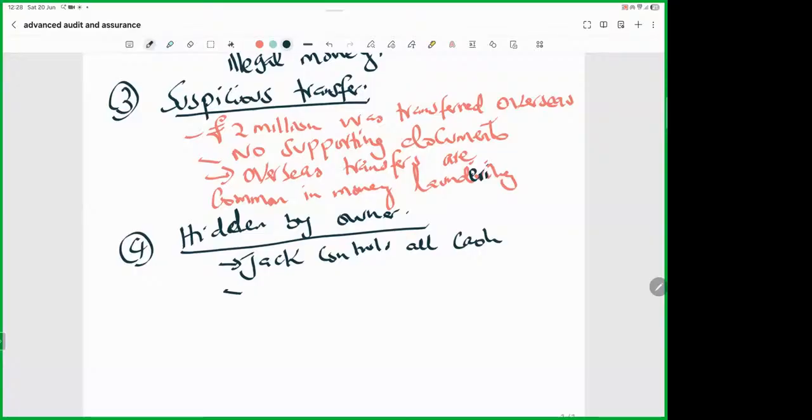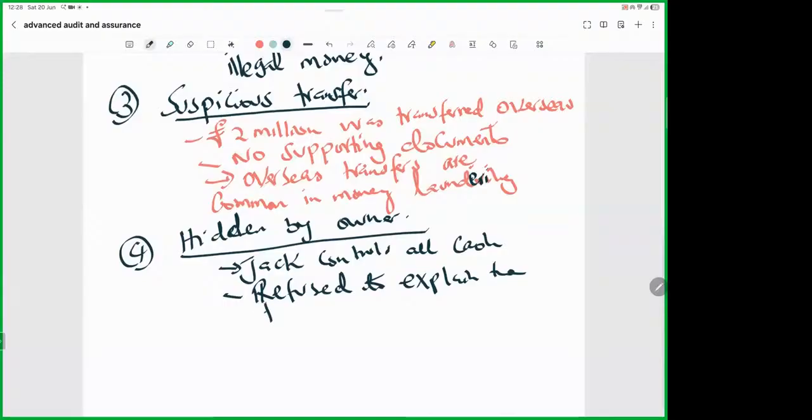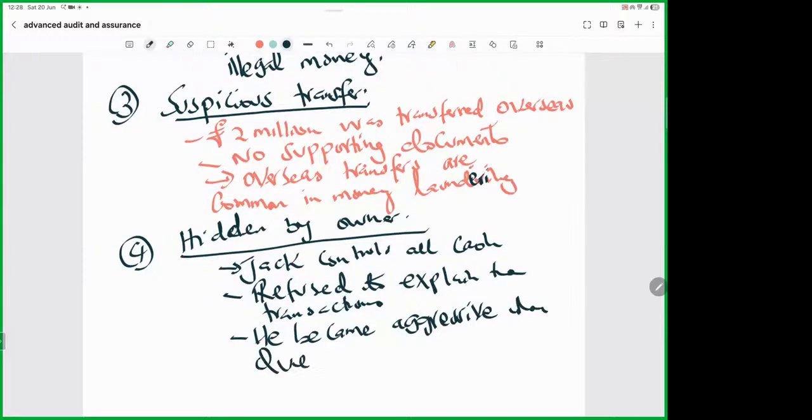He refused to explain the transactions. He became aggressive when questioned. He became too aggressive when questioned.